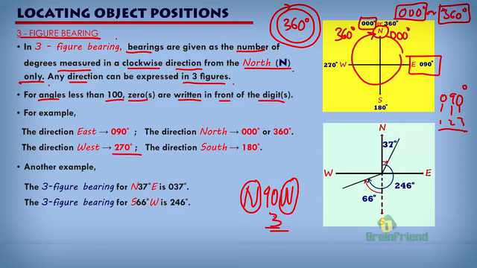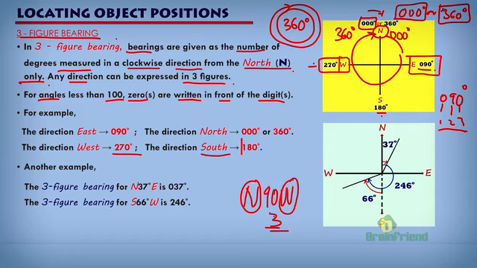Any of them can be used. For the west, we have 270 degrees. It's depicted as 270 degrees. Remember, at each point, you have a 90 degrees difference. So if you have 0, 0, 0 here, you have 90 degrees difference here, plus 90 degrees difference here, plus 90 degrees difference here, and plus 90 degrees difference here. Each quadrant is 90 degrees in size.